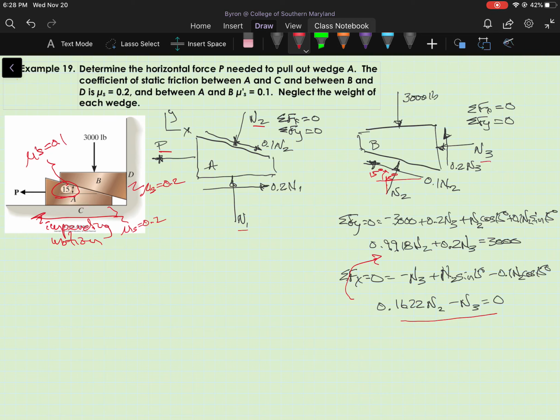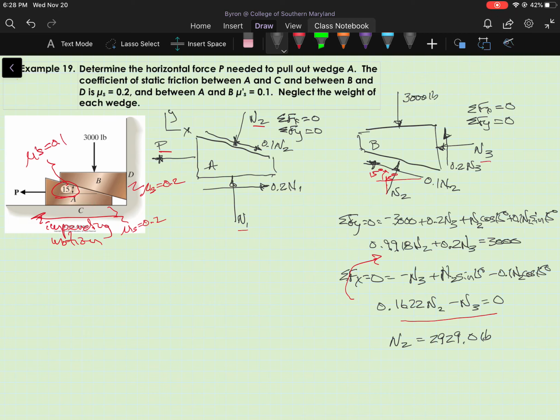And when you do that, you get n sub 2 equals 2929.0 pounds. Now note that I don't really care about n sub 3. I want to get n sub 2 so that I can then take that value back over to the first free body diagram of wedge A.